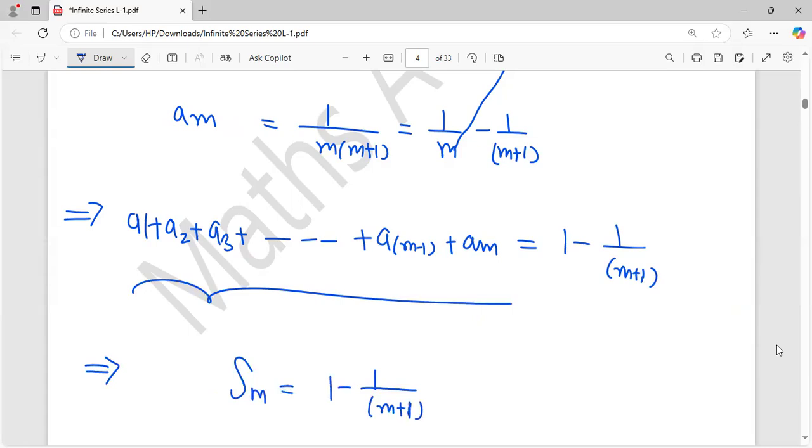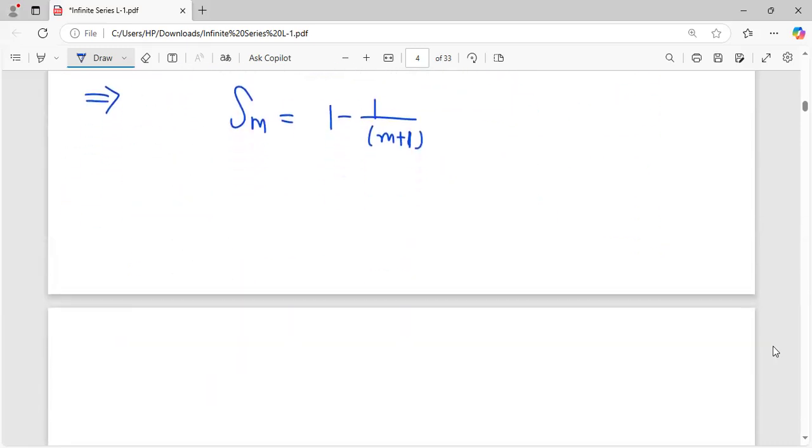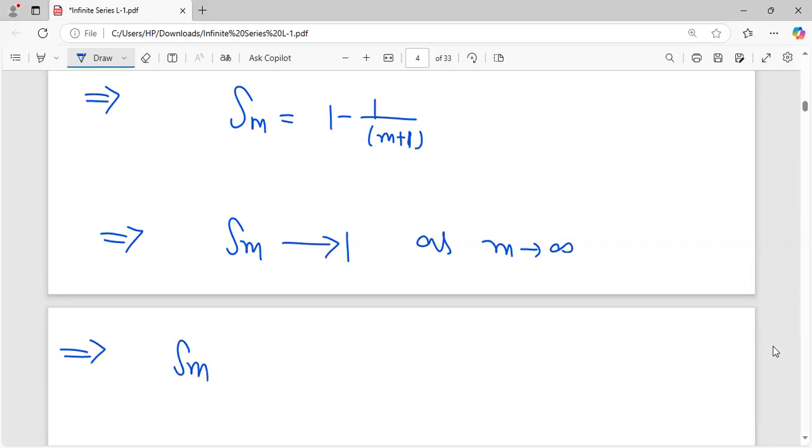Okay, now see that Sm tends to 1 as m tends to infinity. So this implies Sm converges to 1.